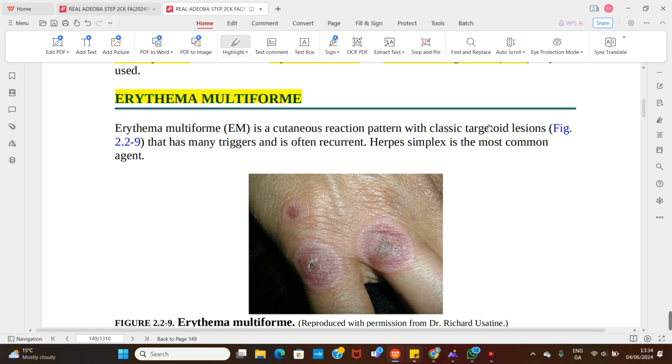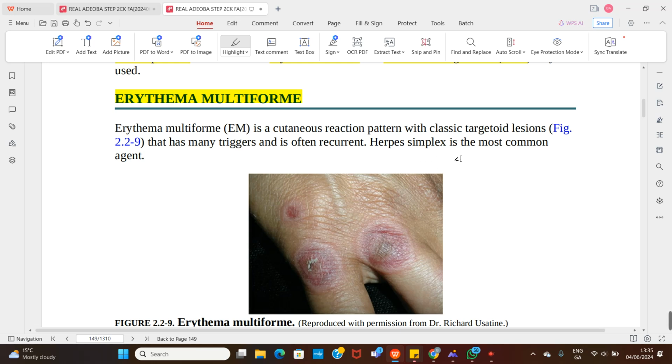So the classic targetoid lesions, once you see targetoid lesions, think about erythema multiforme as a differential, right? So it is a type 4 hypersensitivity cutaneous reaction with the targetoid lesions. It has many triggers, but the number one trigger we must always remember is what?